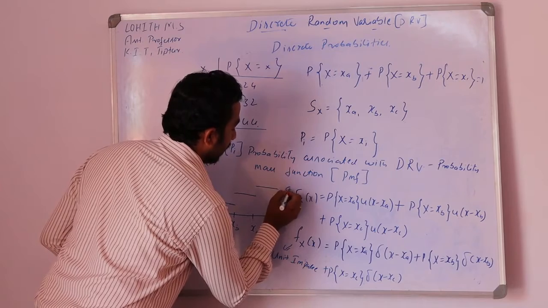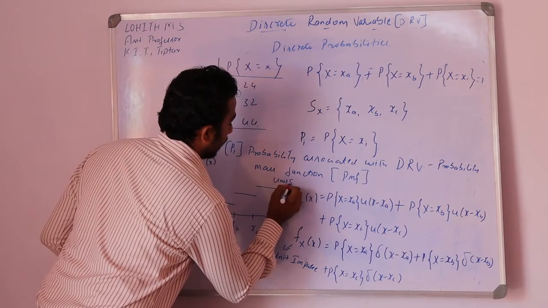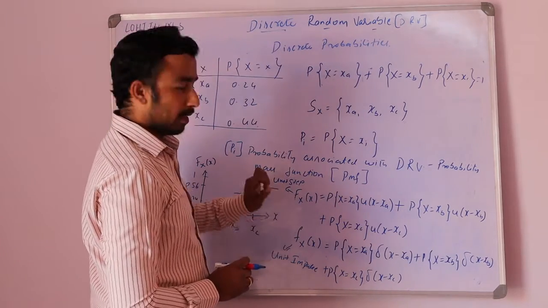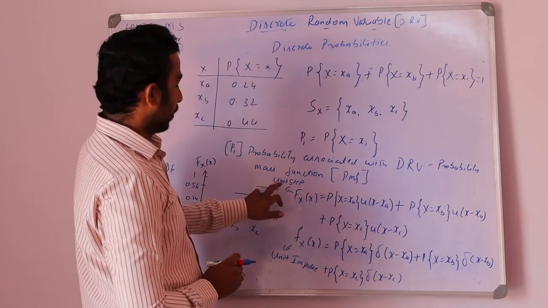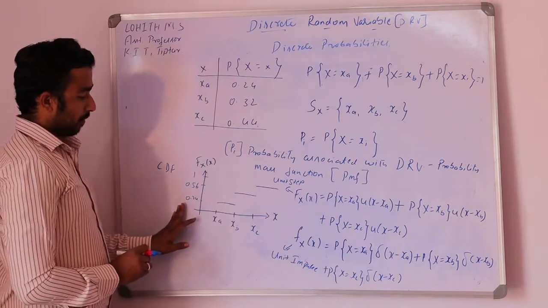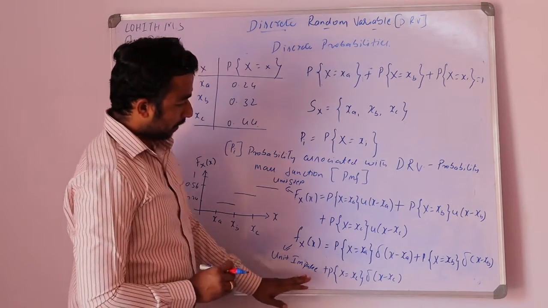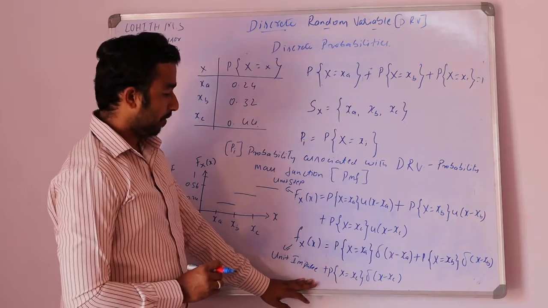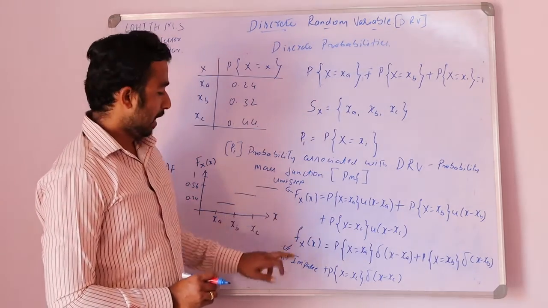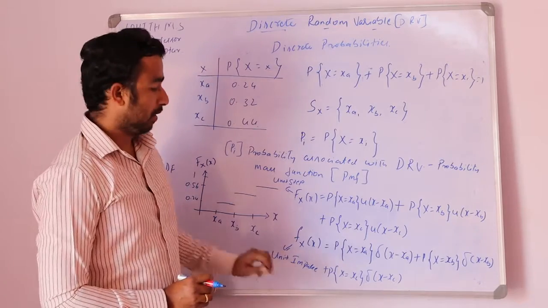This is a unit step function. So the cumulative distribution function is written using the unit step function, and this is the plot further. The probability density function will be the differentiation of the cumulative distribution function, and we will get the unit impulse function.